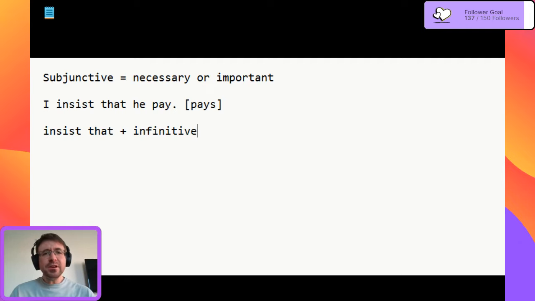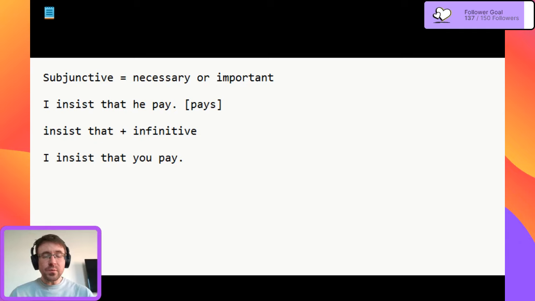Now, if you have it with anything else other than he, she, it, you cannot tell that it's the subjunctive. For example, I insist that you pay. This just looks normal, nothing special, just like a normal sentence. But grammatically, this is the subjunctive, and it looks exactly the same as the infinitive.